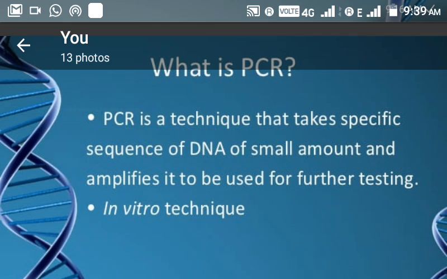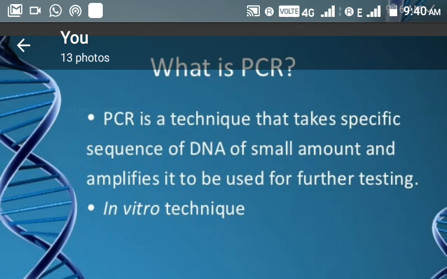Students, there are two terms which are frequently used in the field of biotechnology. These are in vitro and in vivo. In vitro is the condition carried out in a test tube, in the lab.